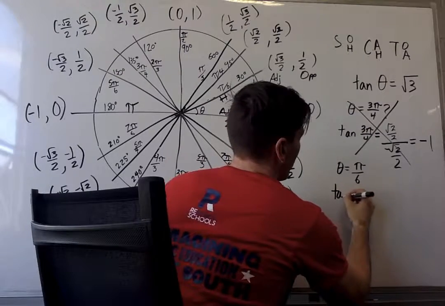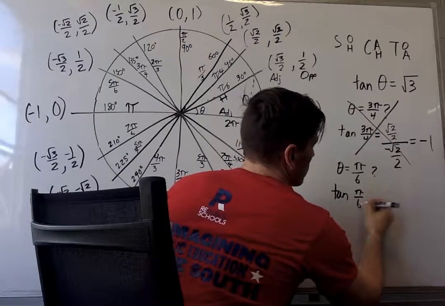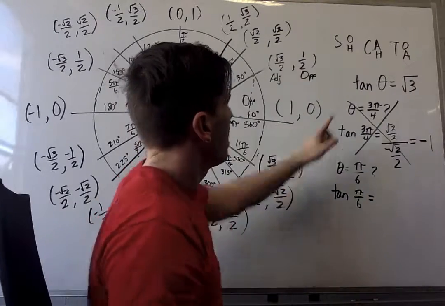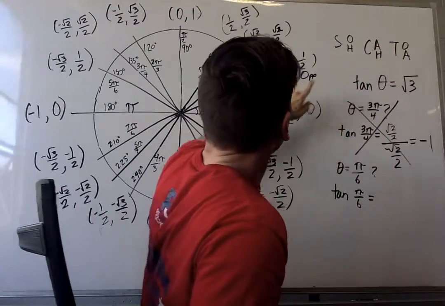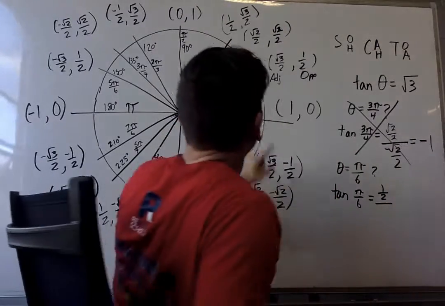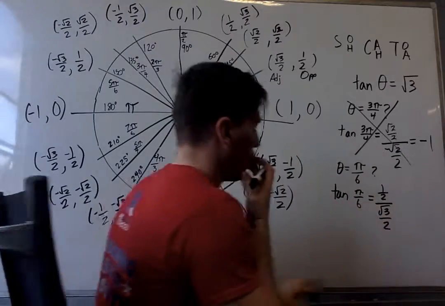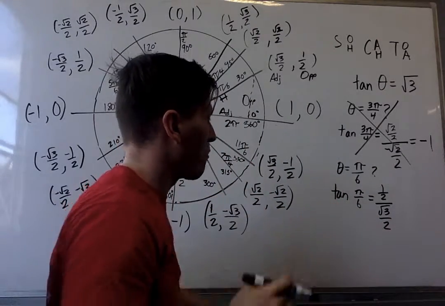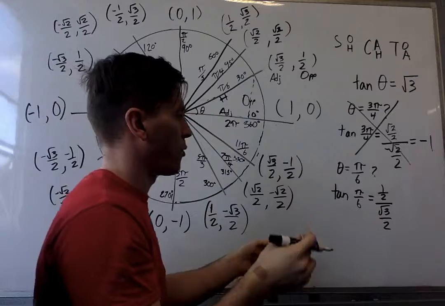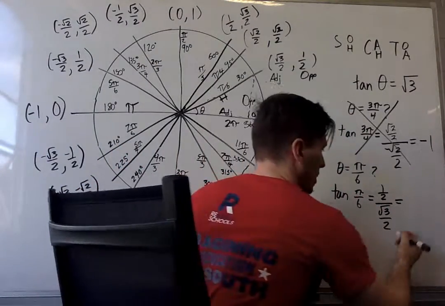To check whether tangent of pi over 6 is what I'm looking for, I'm going to use the same process. Tangent is opposite over adjacent. The opposite coordinate is 1/2, and the adjacent coordinate is rad 3 over 2. I can't remember this one off the top of my head, but I do know how to deal with four-tiered fractions really well. You guys have used copy-dot-flip, so I'll use that since that's what you're familiar with.